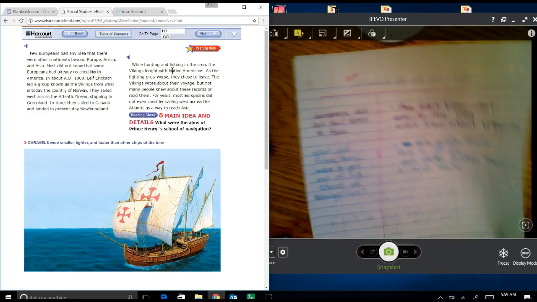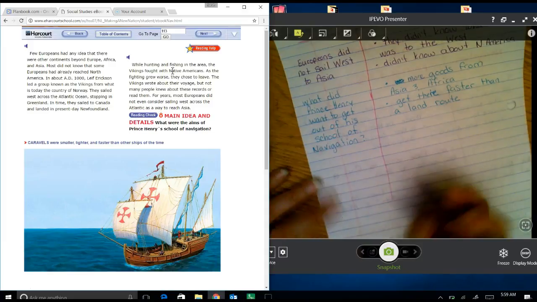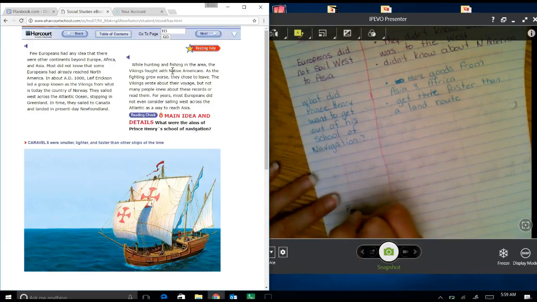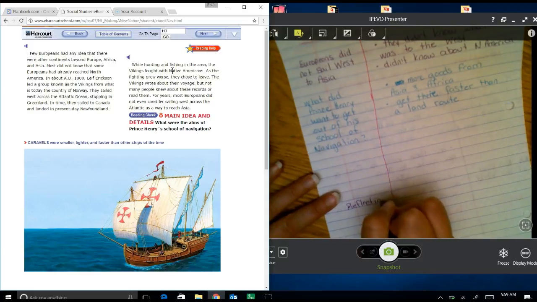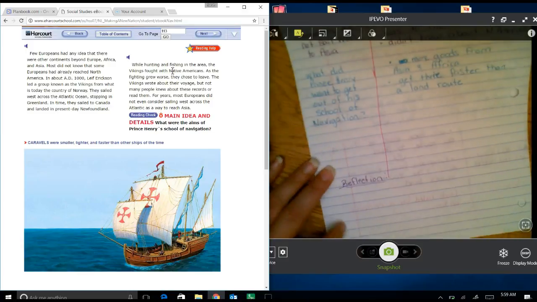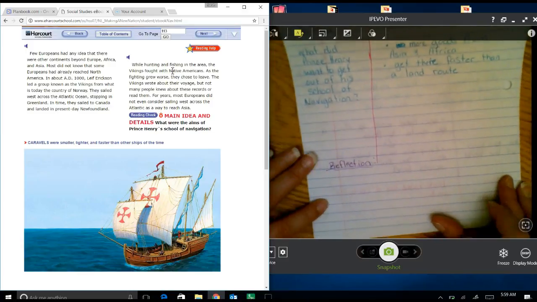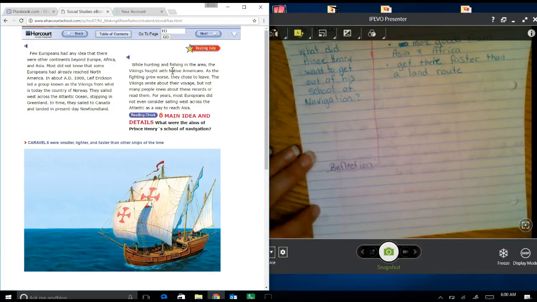Okay? Now I'm going to go down here to the bottom and I'm going to do a quick reflection of this section. Okay? I think one thing that we've learned so far is that the race to find faster routes is on, okay?